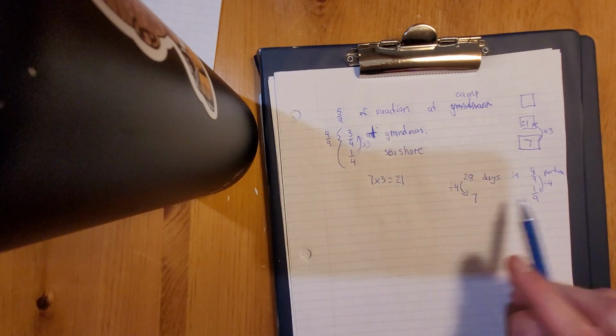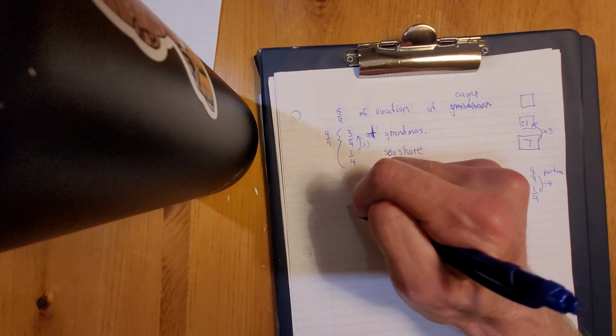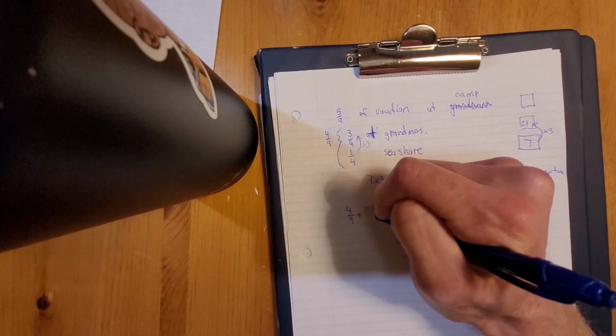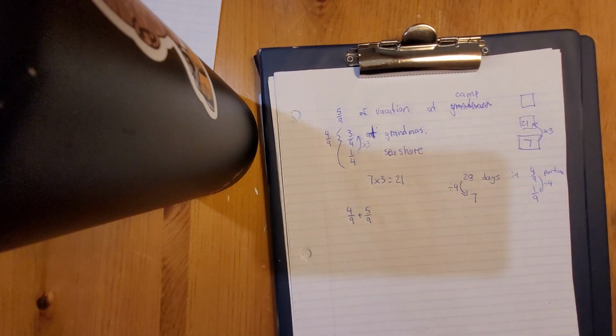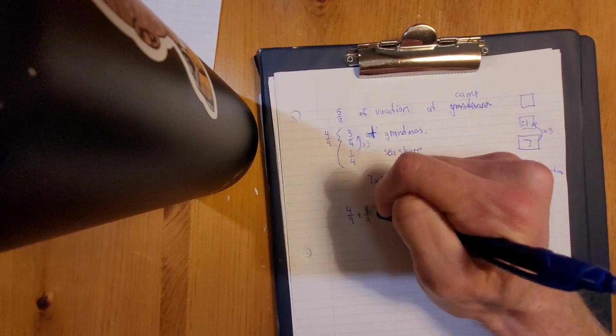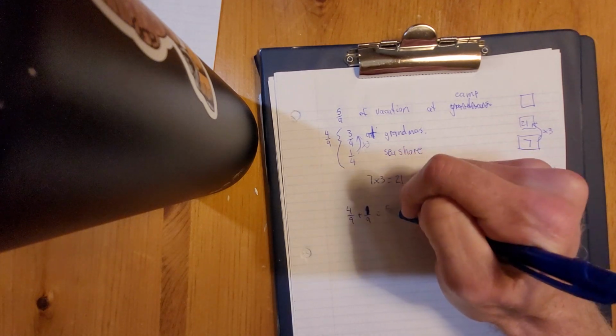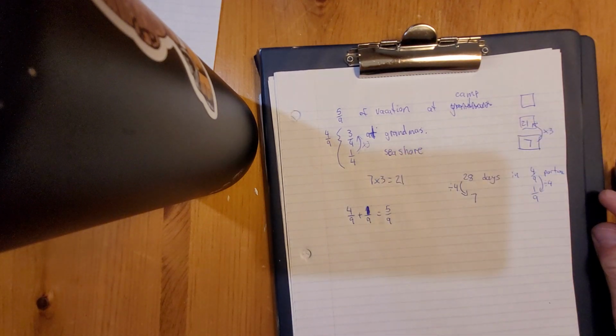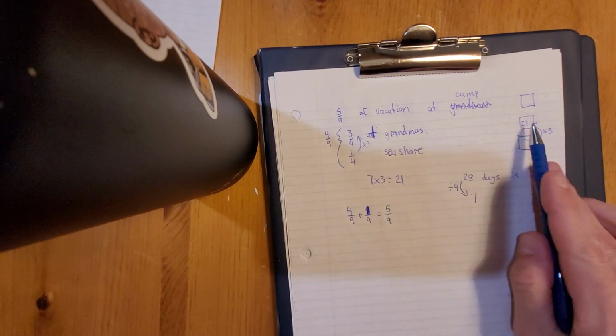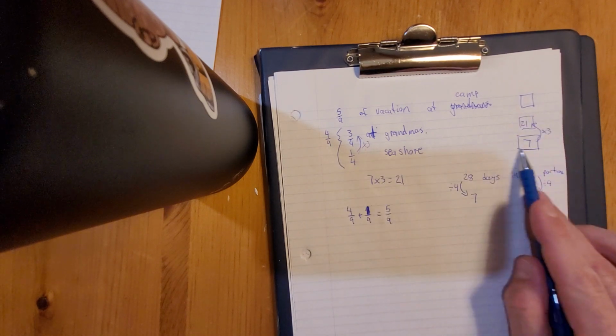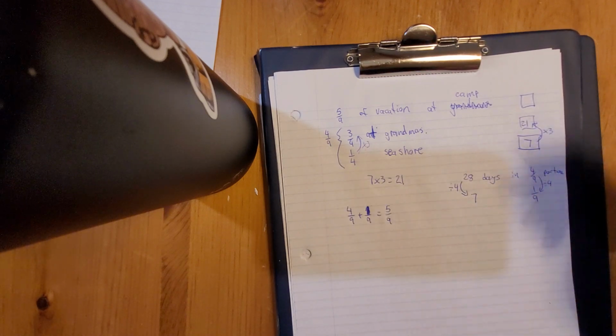We know now. So now if we say, okay, well, 4/9 plus 1/9 is equal to 5/9. Then doing that in days, 4/9 was the total, right, so 21 plus 7.